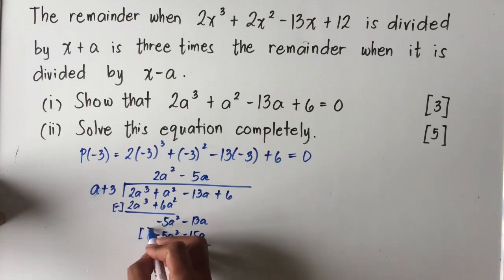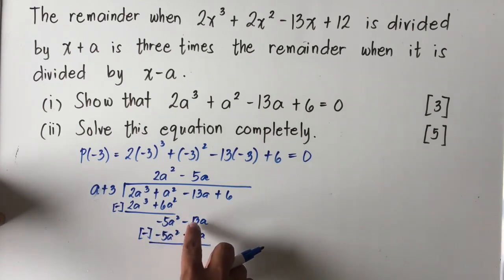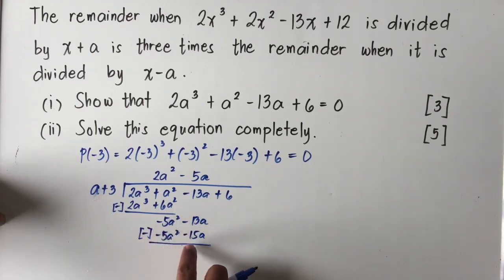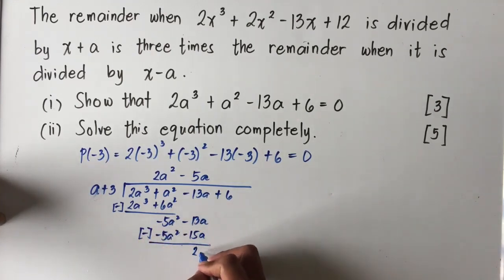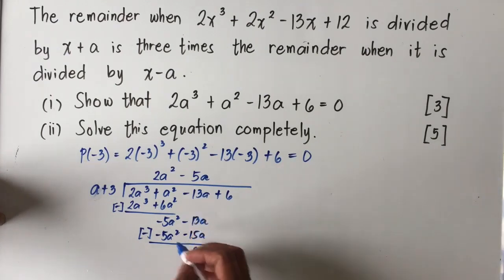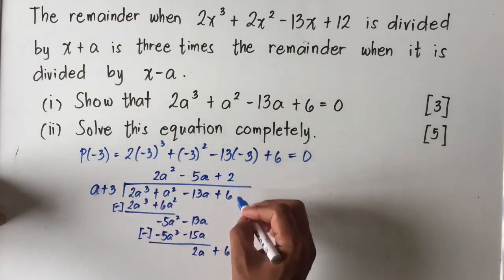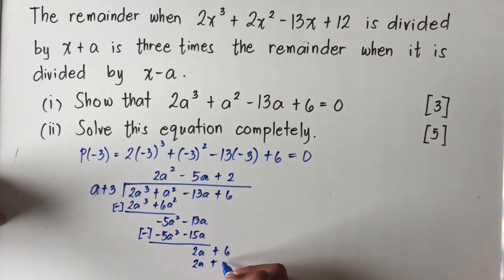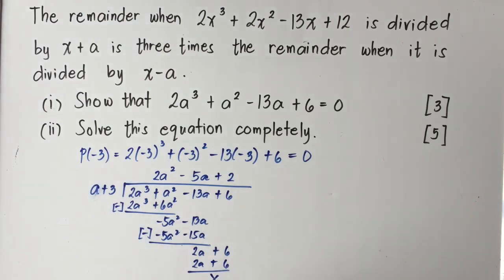If you subtract negative 13a minus negative 15a, you'll have 2a, then bring down plus 6. 2a divided by a is positive 2, so 2a plus 6. You should be having no remainder over there.